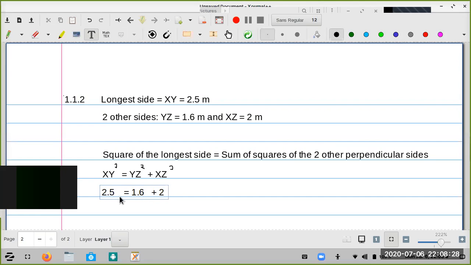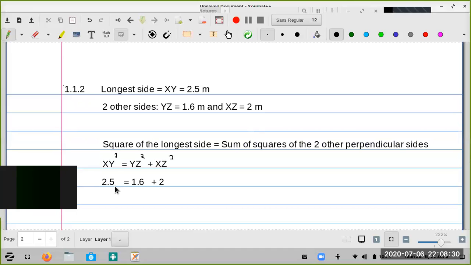So now, 2.5 squared, then 1.6 squared, 2 squared. 2.5 squared, we come up with 6.25.